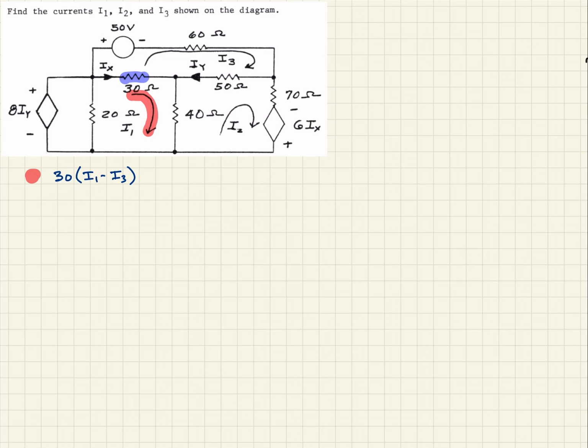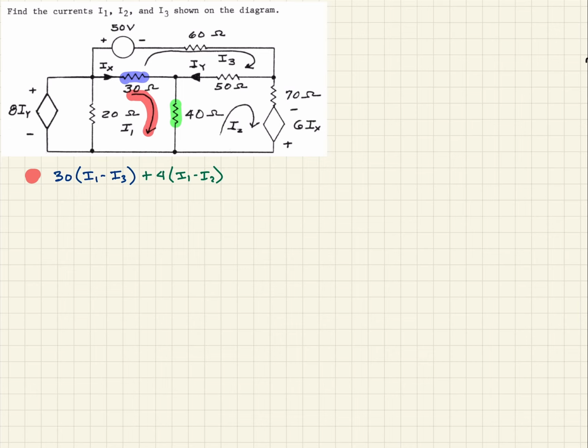And so then as we come around, we see we have this 40 ohm resistor. Same thing, we've got I1 going in the plus direction and then this I2 mesh current working against us. So then we can write this as 40 times I1 minus I2.